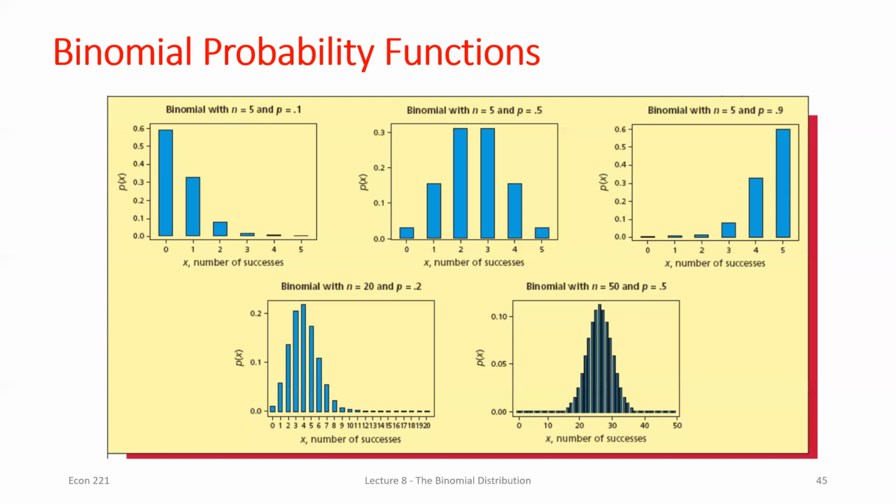Right? As I move the probability of success lower, I get a right skewed distribution. If I move the probability of success to be higher, I get a left skewed distribution. And then notice as we increase the number of trials, we just get a more granular distribution, which becomes a little bit more interesting to look at.